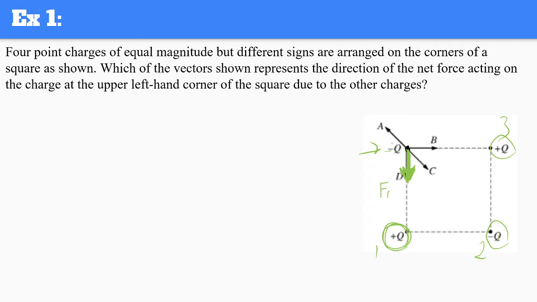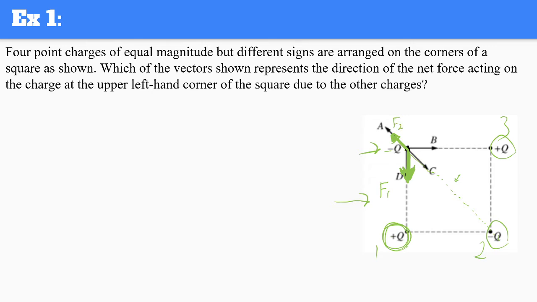So it is going to be along this line, because this is the straight line in between them. Since they are the same charge, they're going to repel each other. But it is not going to be as strong as the other one because the distance in here is less than here. So F1 is going to be greater than F2 in length.